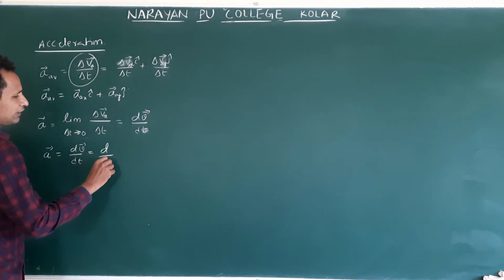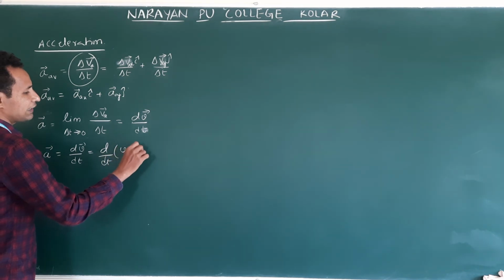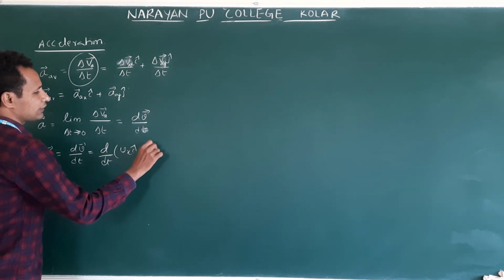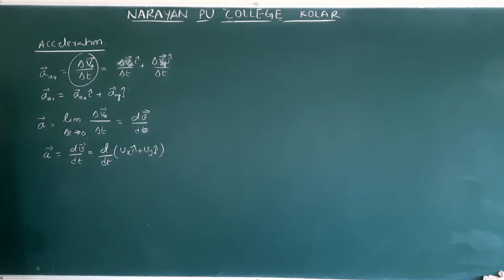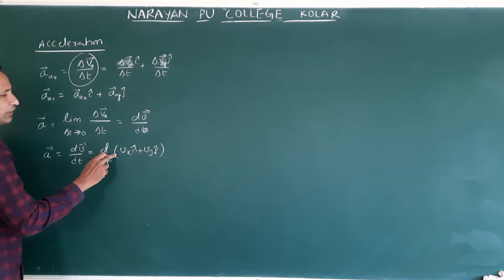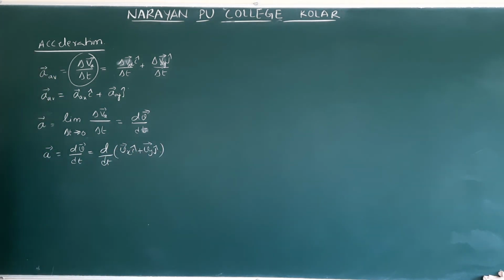This, how do we write? d by dt of velocity vector. Yesterday we were saying vx i cap plus vy j cap. This is instantaneous velocity. Yesterday we were saying this vector v. So v is equal to vx i cap plus vy j cap.